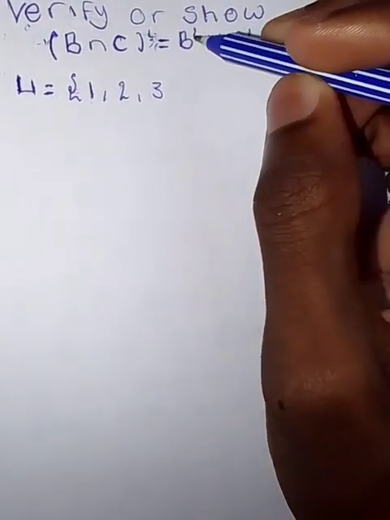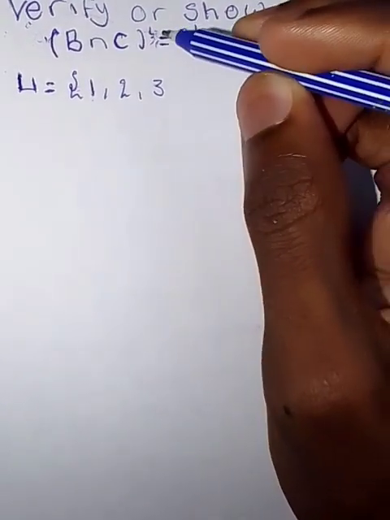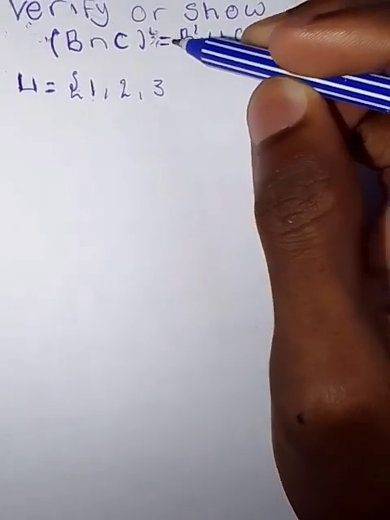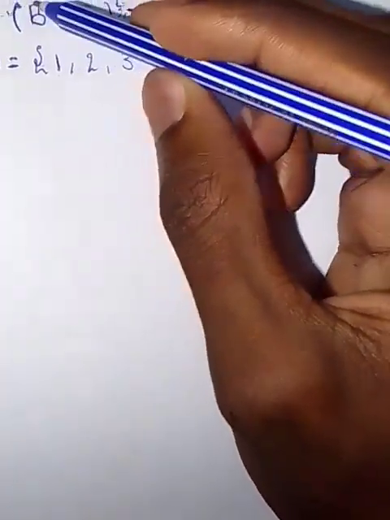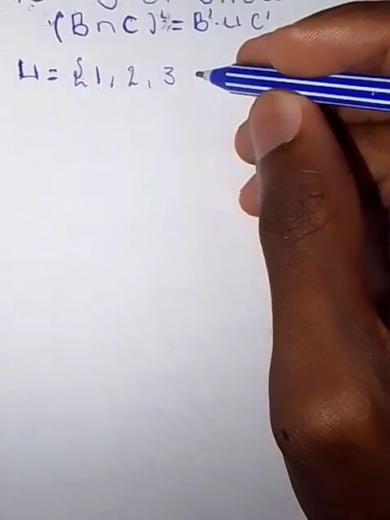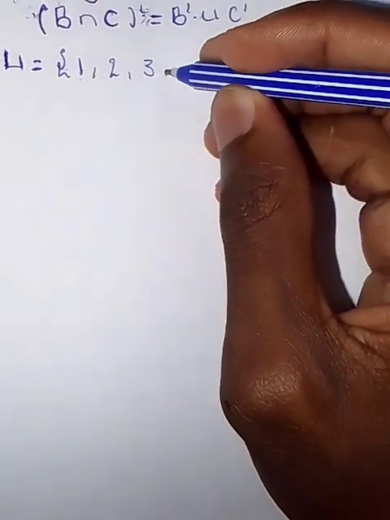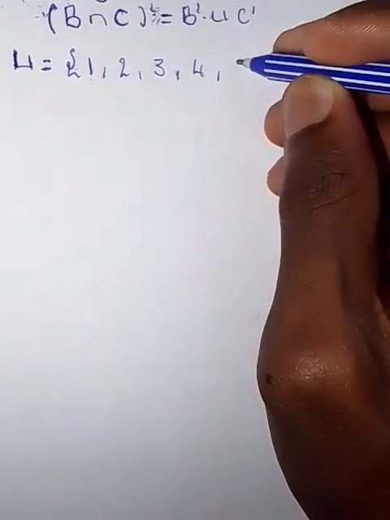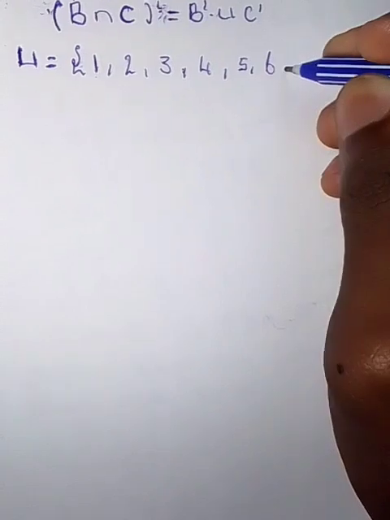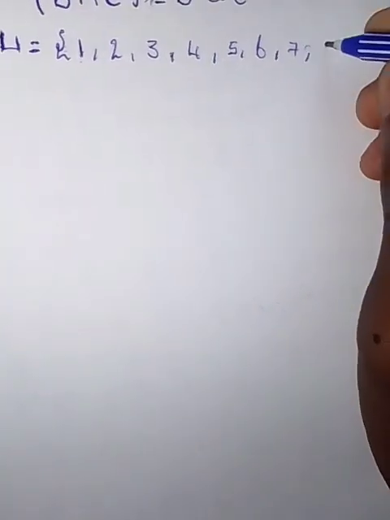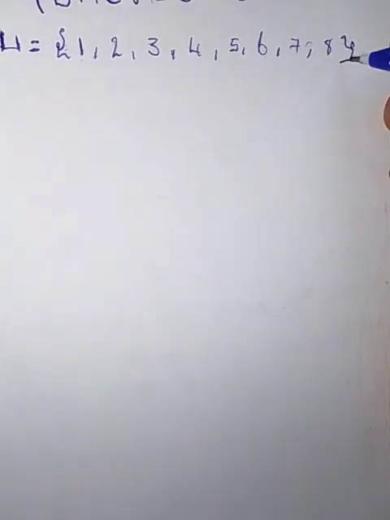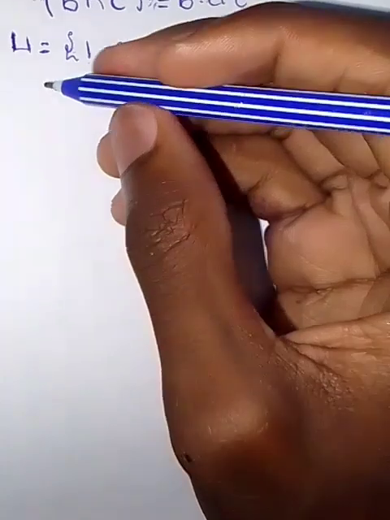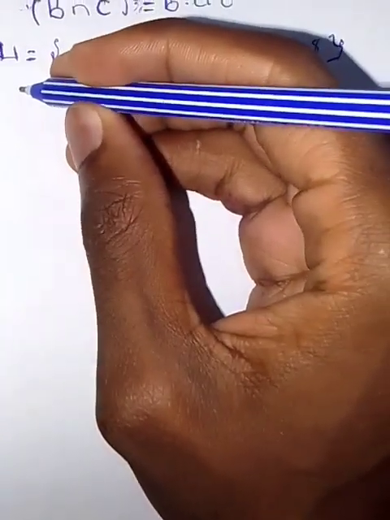Whatever is simple for you, whatever you've understood the most is what you should apply, unless you have been told to only verify. So let's assume we have a universal set: 1, 2, 3, 4, 5, 6, 7, 8. Then we have set B.